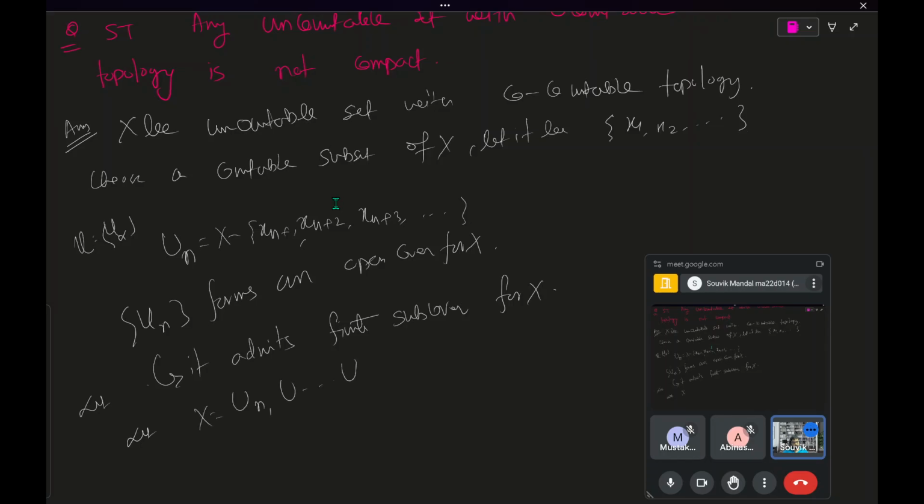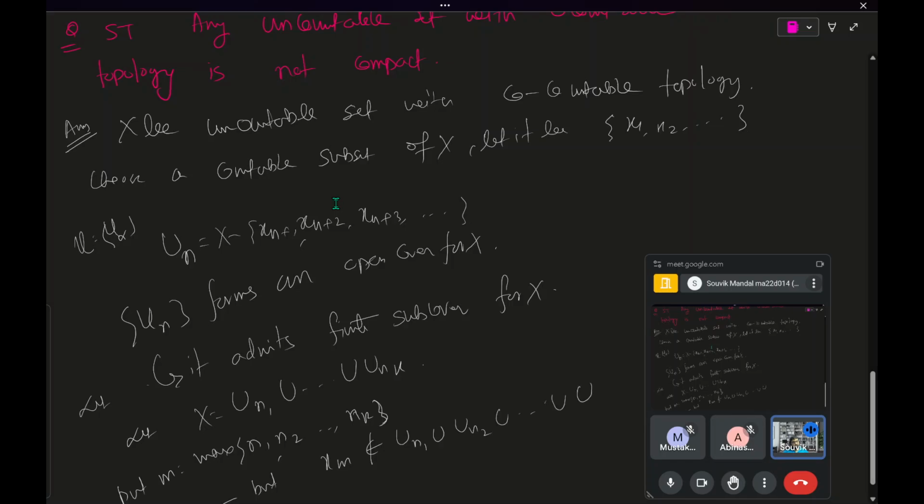Now put m equal to the max of n1, n2, ..., nk. But xm does not belong to Un1 union Un2 union ... union Unk.